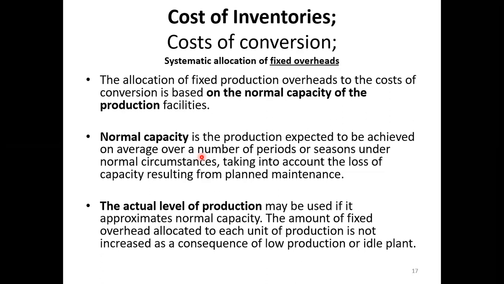For example, you purchase a photocopier, and the photocopier has its toner. From this toner, you can get 10,000 copies. So what is the normal capacity of that photocopier?